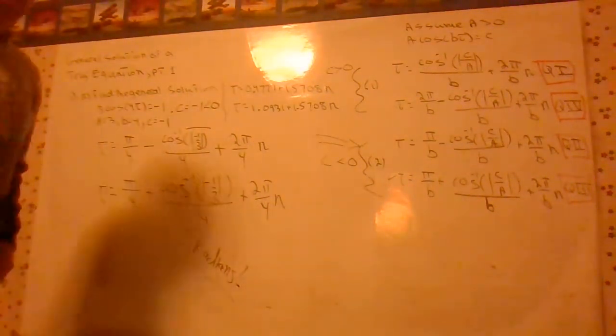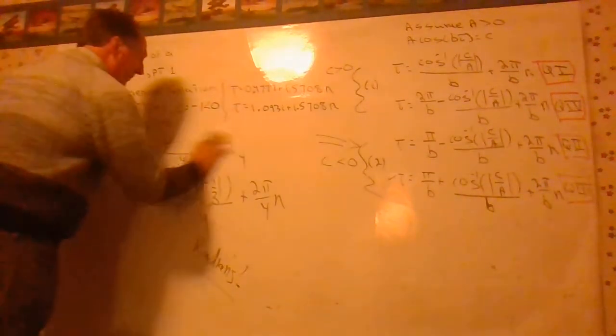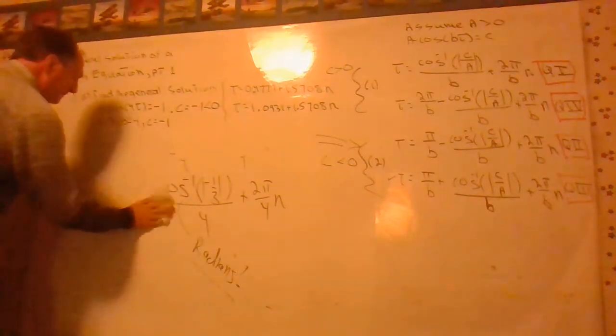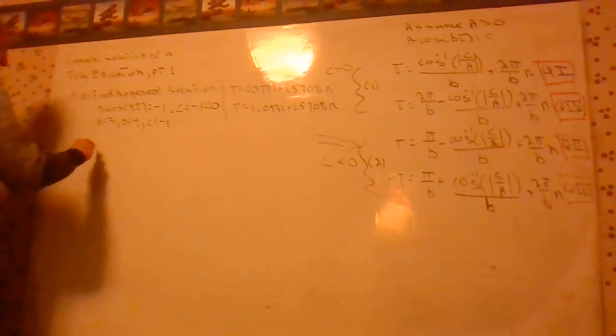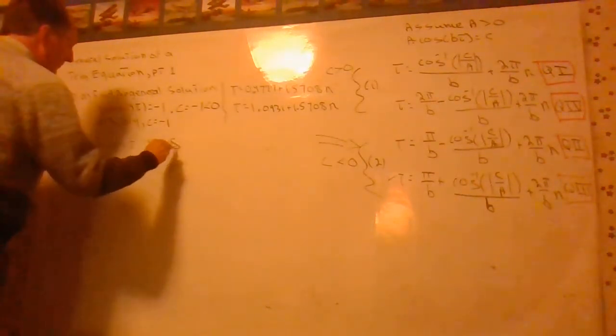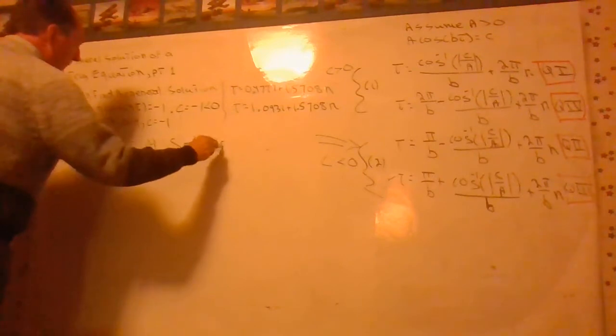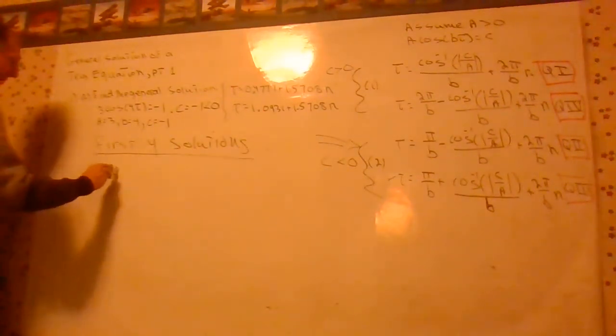Now what does this mean? We'll need a calculator for this. Suppose we want the first 4 solutions. Well, we're going to let n equal 0 first of all.